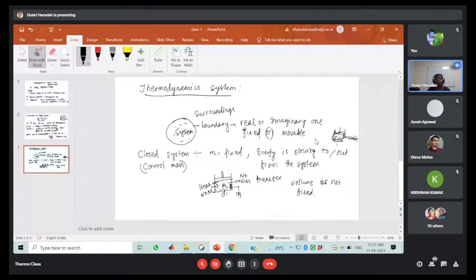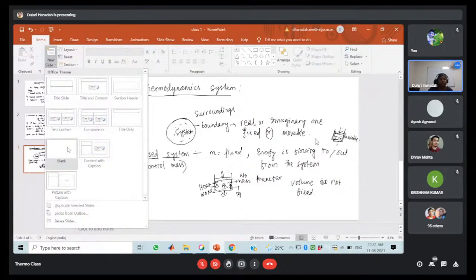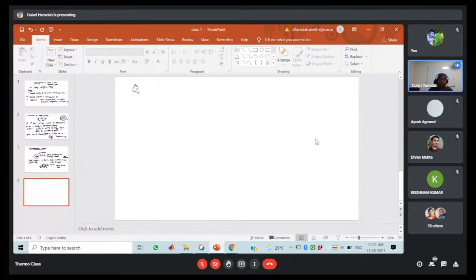Suppose we are considering the compressor driven by the motor, then we consider it as work transfer through the motor shaft. Okay, so this is your closed system. This closed system is also known as your control mass. Next one is your open system.